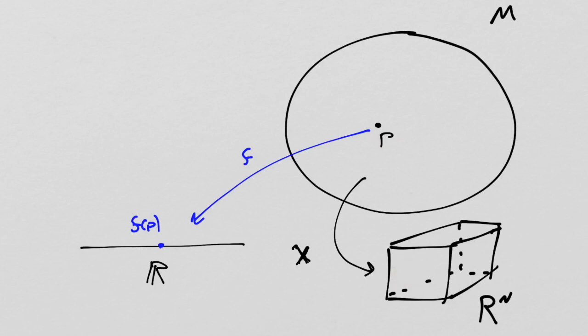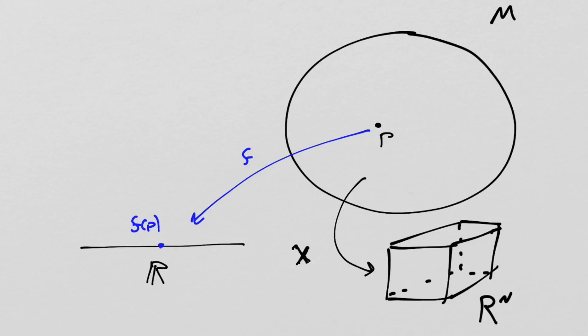So the idea is that any point on the manifold will be mapped to values on the real line. And what we can consider for this particular function is we can look for all the points in the manifold, for example, that have the same value for R, right?